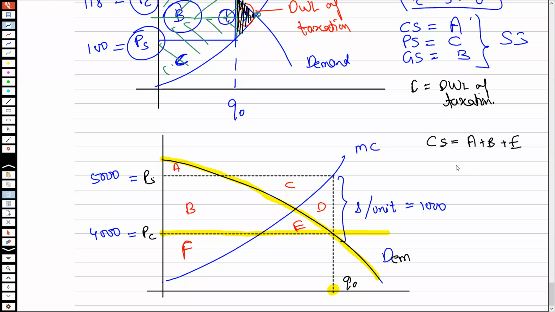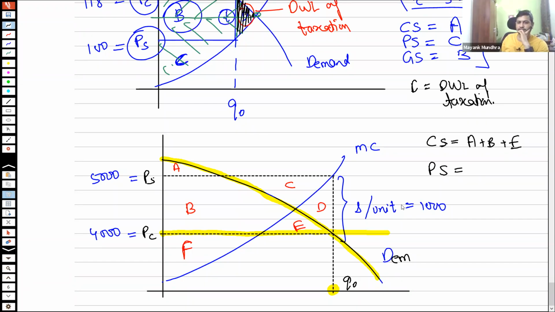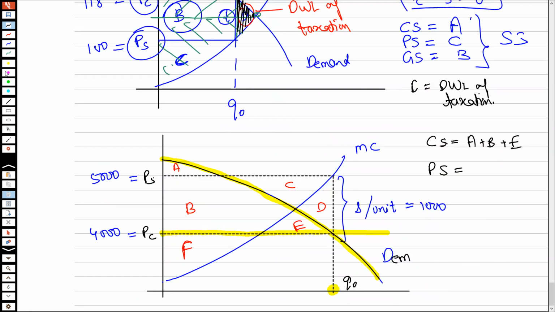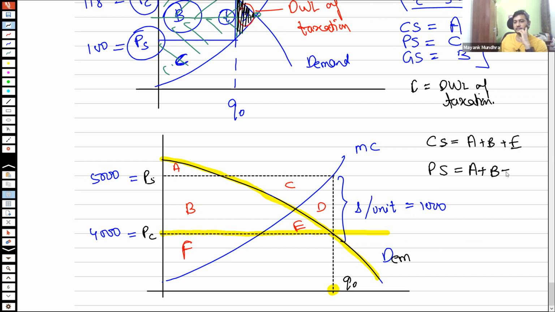Okay. What is the producer surplus? Remember, producer surplus was price. A plus B plus F. Okay.